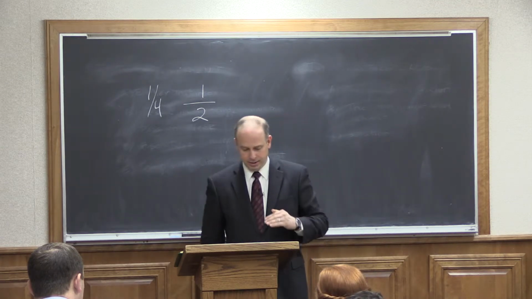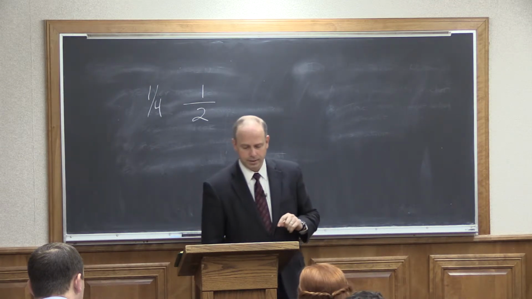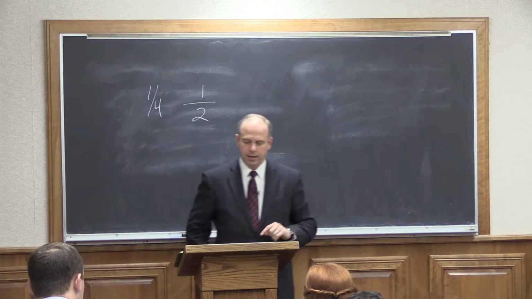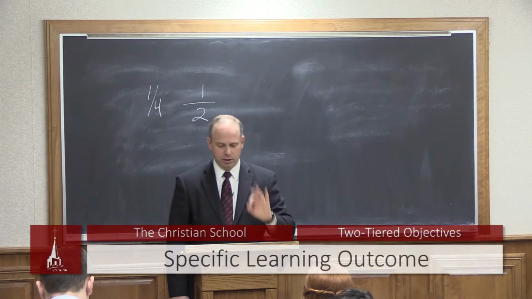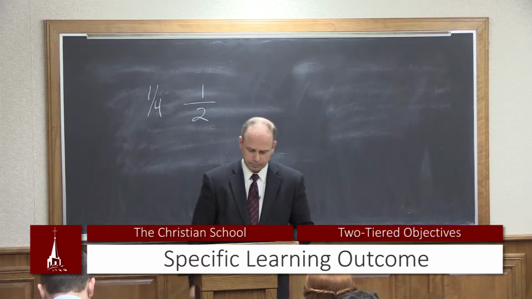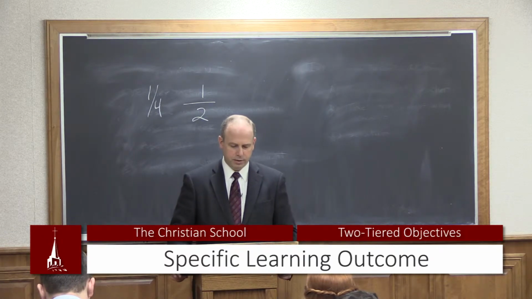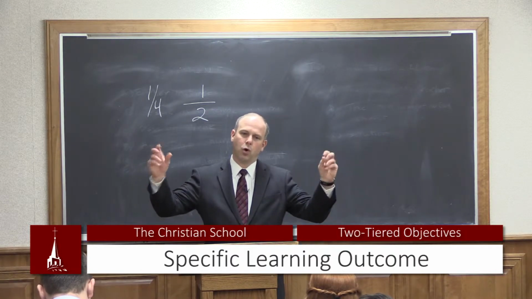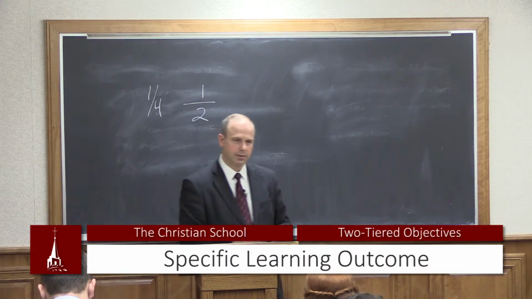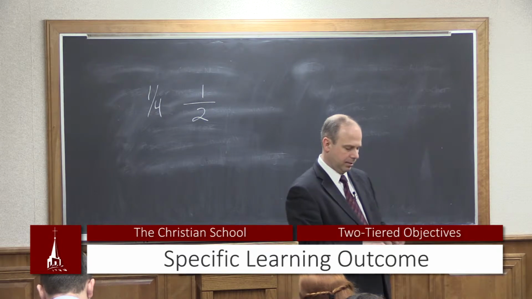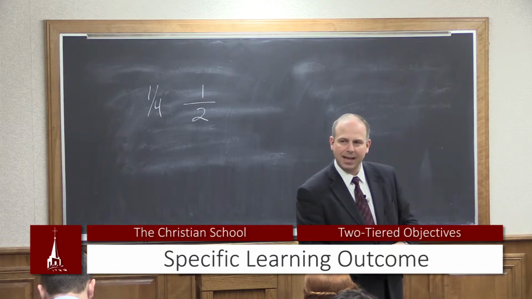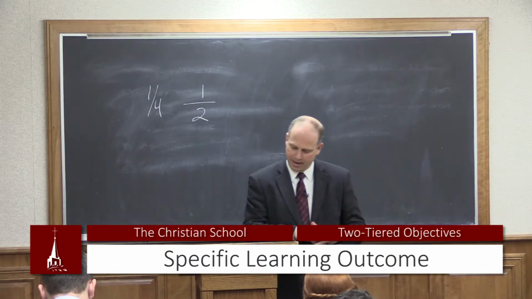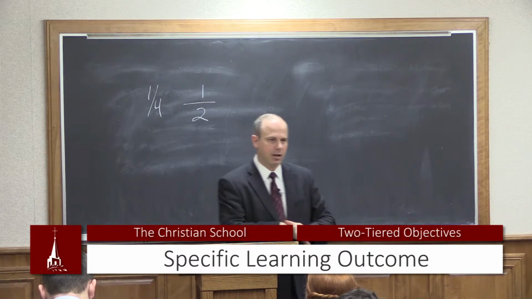The second tier, level 2, is a specific learning outcome. A specific learning outcome. And so then this is a specific, quote-unquote, behavior that is accepted. I accept this behavior as evidence of attainment.